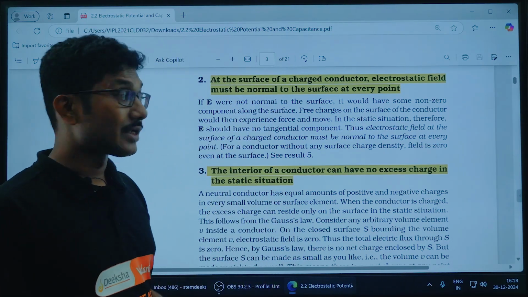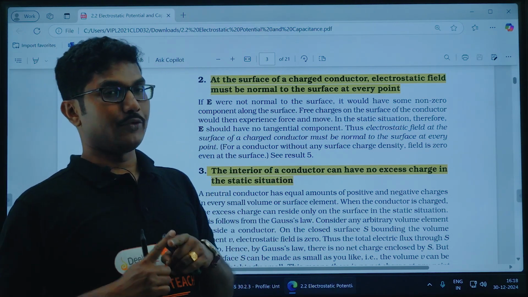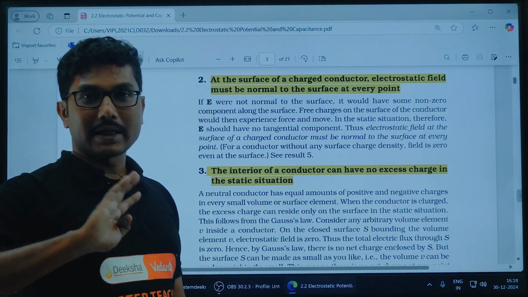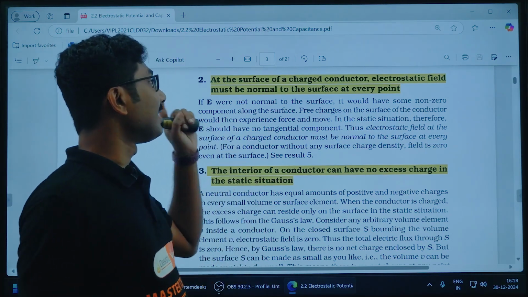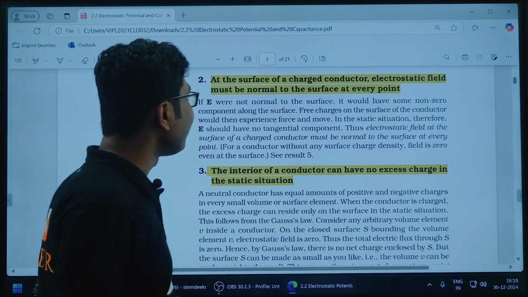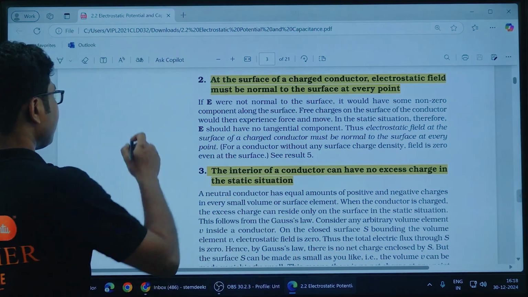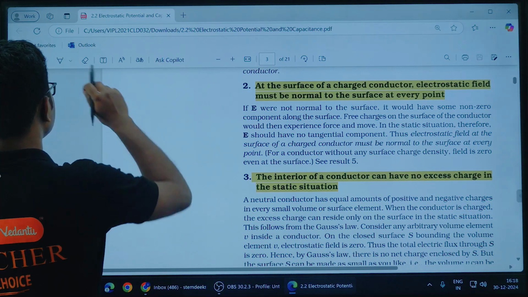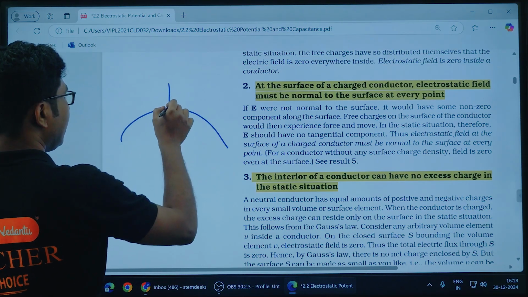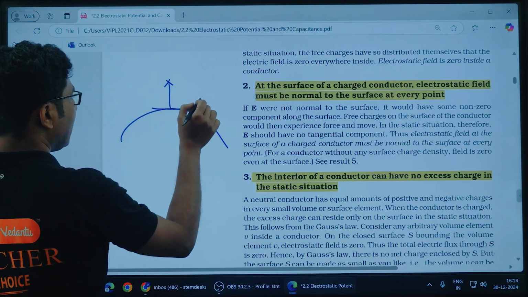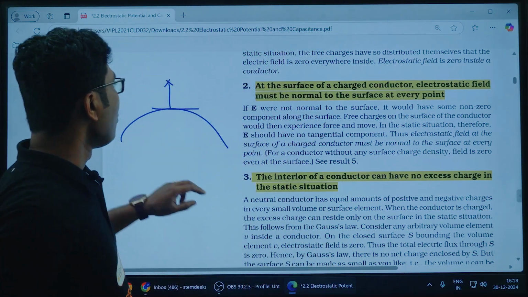These kinds of questions are asked. But you have to remember that we are only talking about conductors here. We are not talking about any other type of material. We are only talking about conductors. Very important. So for conductors, the electrostatic field must be normal to the surface at every point. If this is the surface and this is the electric field, then they are normal. So the electric field must be normal to the surface at every point.